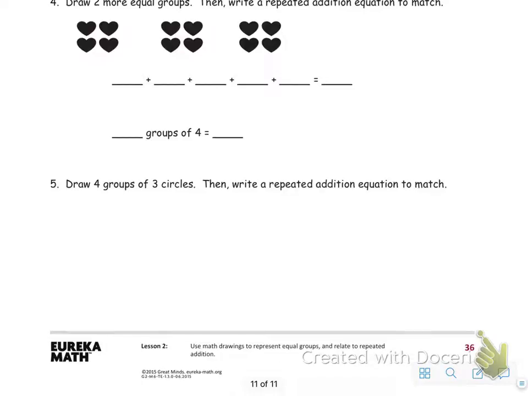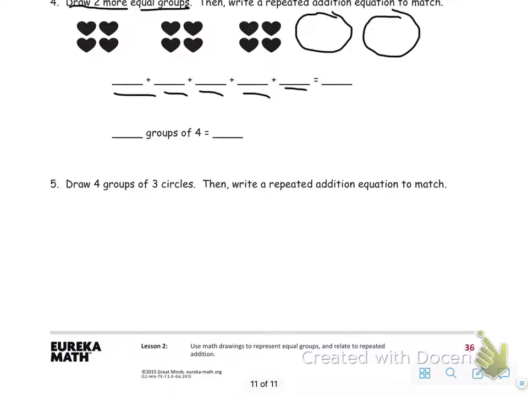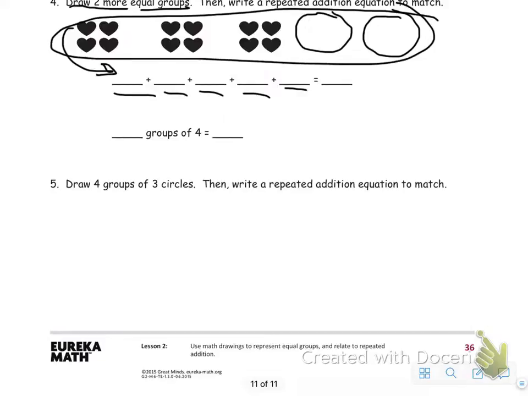Alright, so this one is very similar except to draw 2 more equal groups, then write a repeated addition equation to match. So I would just draw one group right here, and then the second group right there, and then fill in these blanks with how many there are, and then the blank on the end is where you would put how many there are all together, okay?